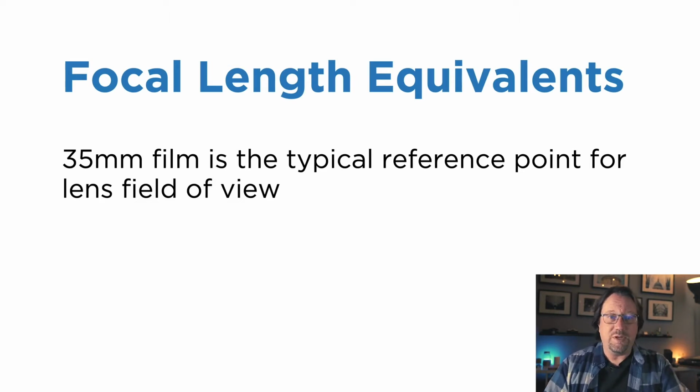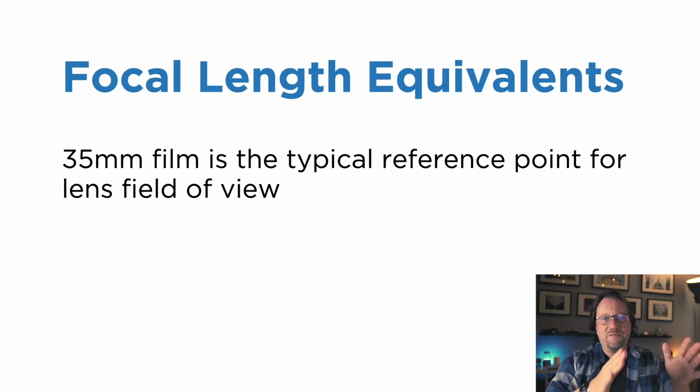So that's what we're dealing with. That's our frame of reference digitally as well, this 35 millimeter film. So when we talk about the wide angle stuff being 10 to 35, that's in reference to 35 millimeter sensors. I'll get to more about that in just a second. Actually, in the next slide.